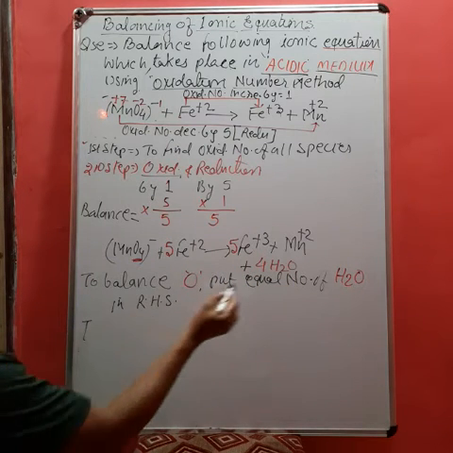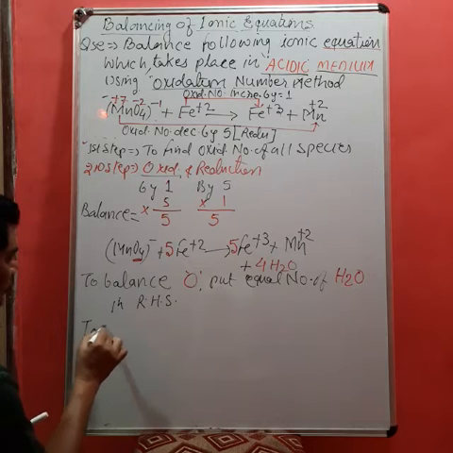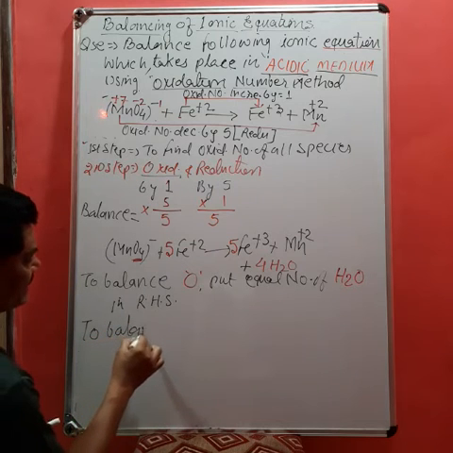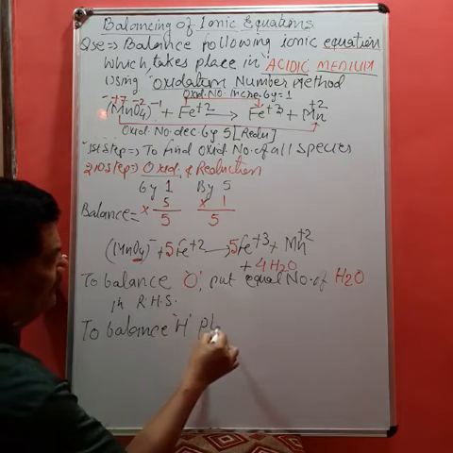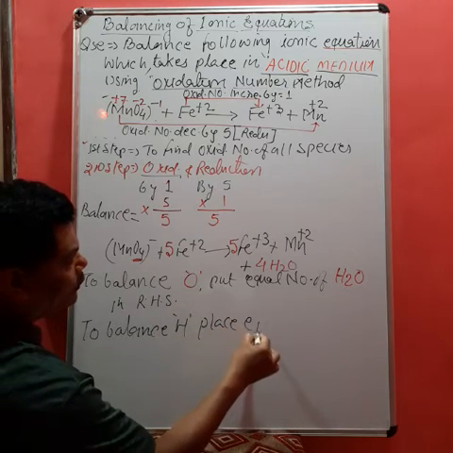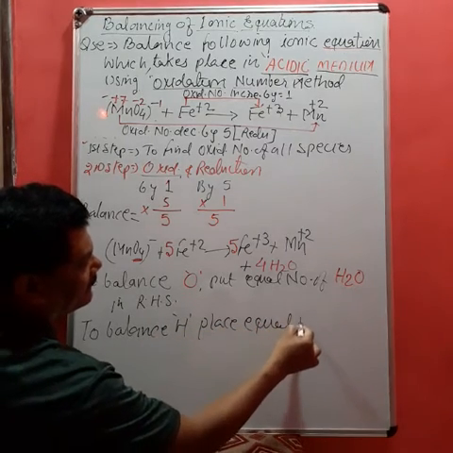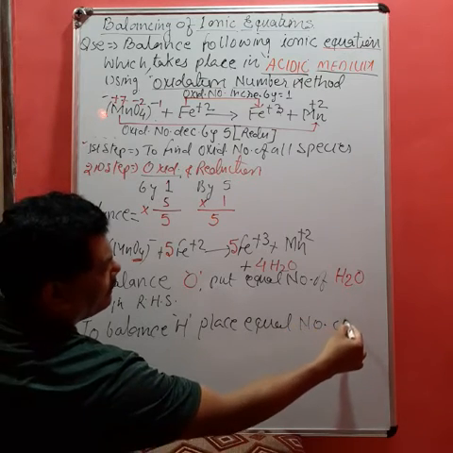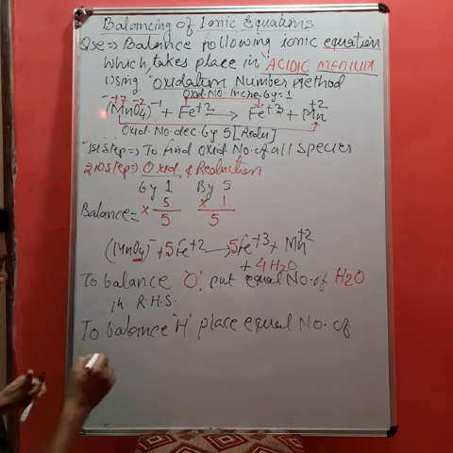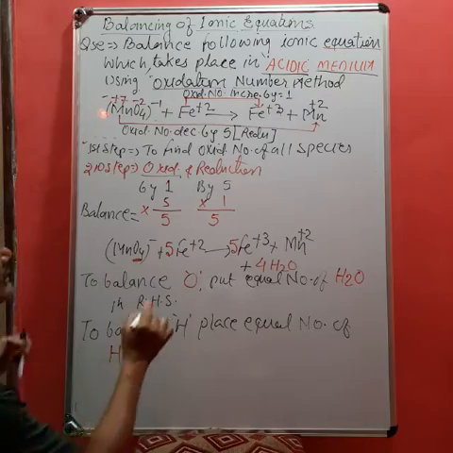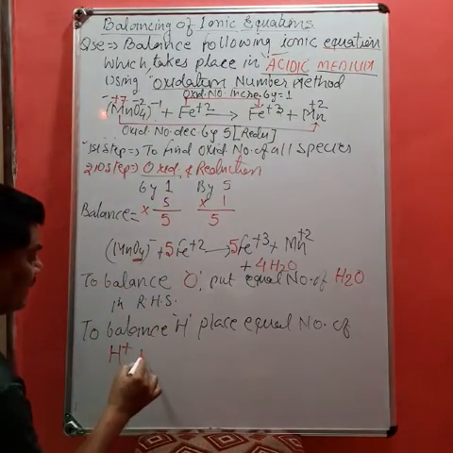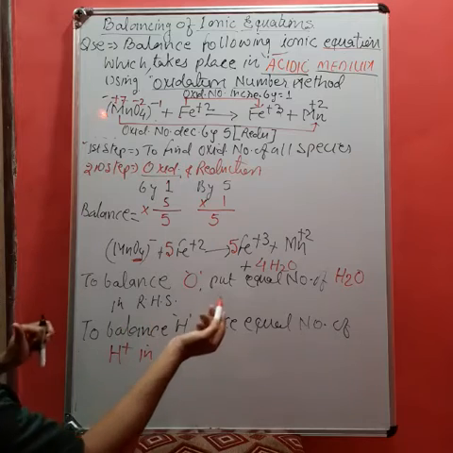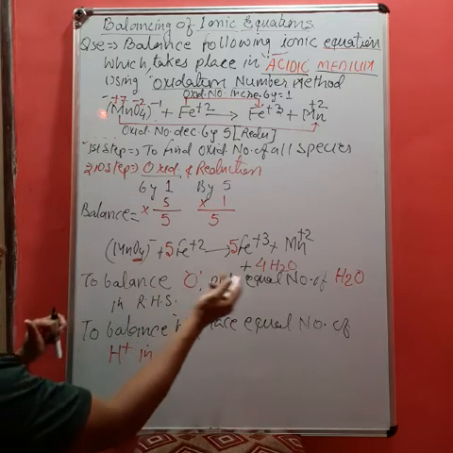Now the remaining thing is only hydrogen. To balance hydrogen, place an equal number of H cations, because the reaction is in acidic medium. The H cation goes on the side where it is deficient.